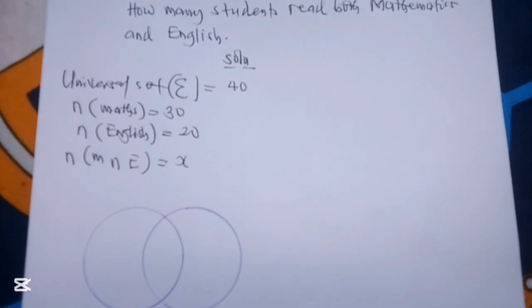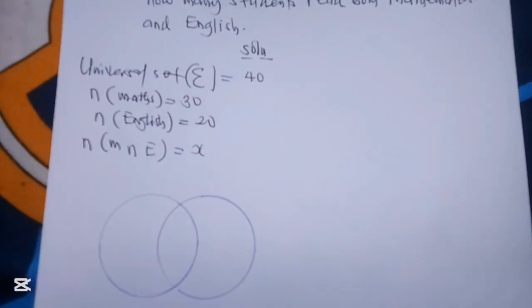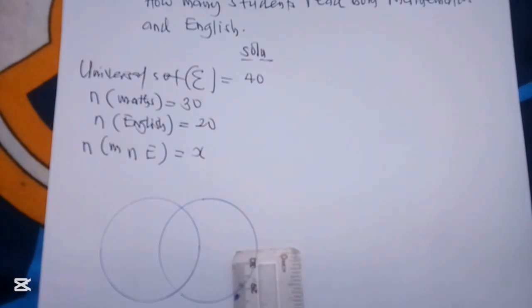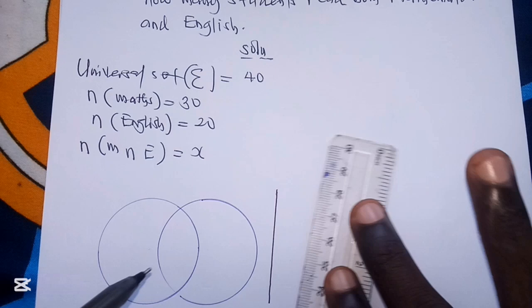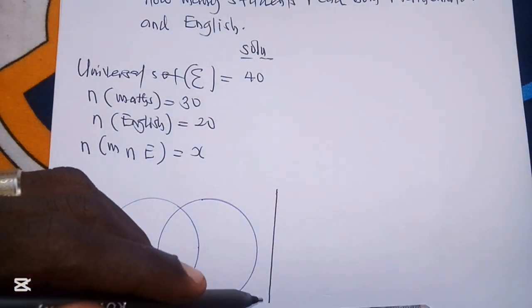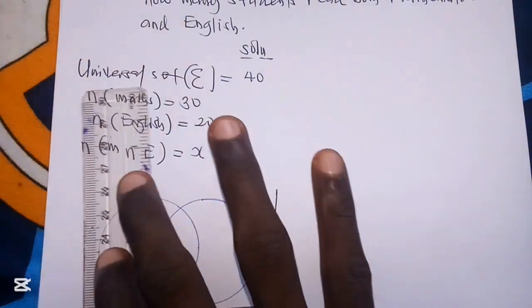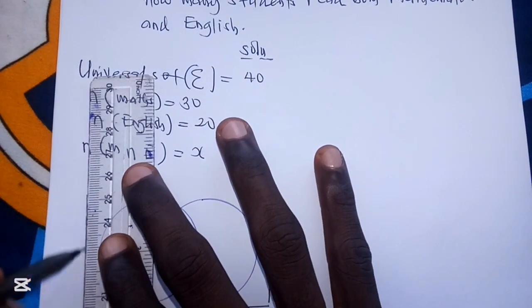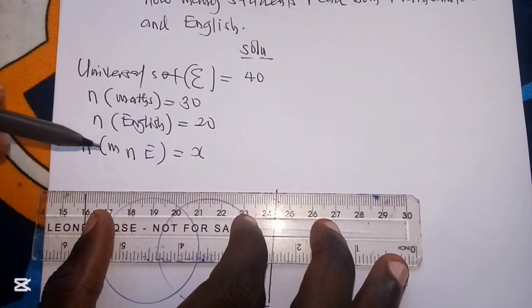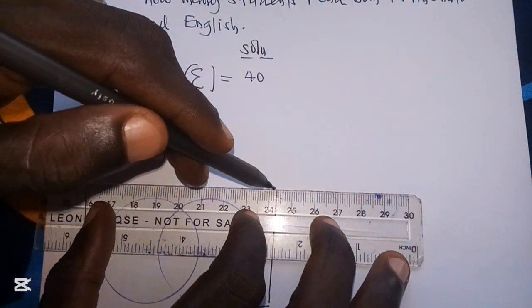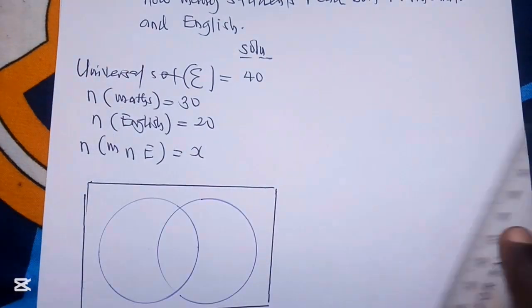Then from this, we have our rectangle. If you want to use this method, it's fine.